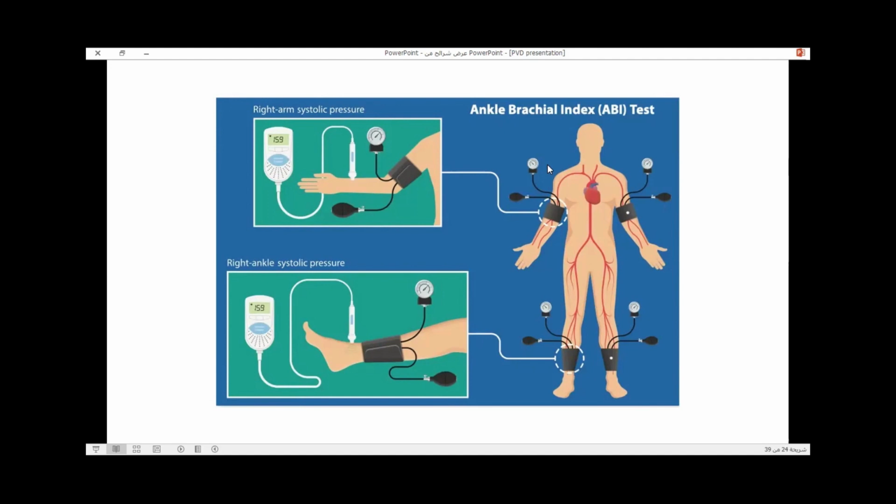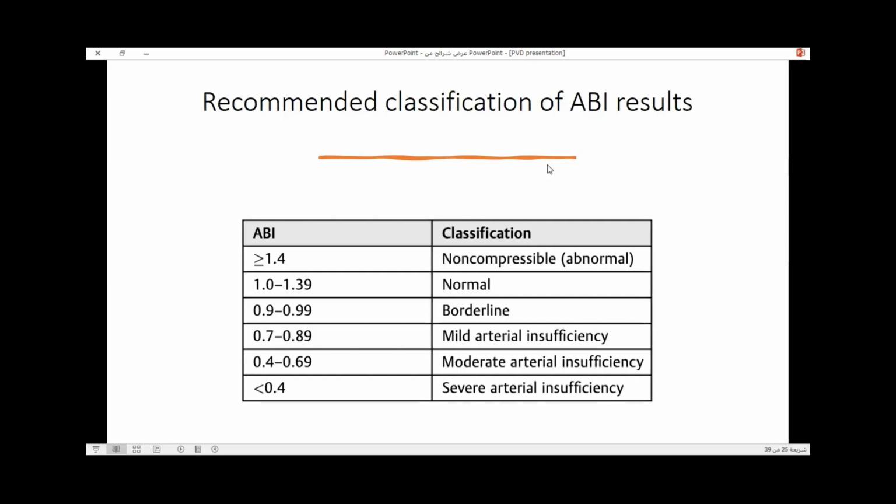After we get the ankle brachial index, we can classify the patient accordingly for how severe his arterial insufficiency is. About 1/3 of the patients have calcified atherosclerosis and will have non-compressible arteries, so their reading will be more than 1.4.